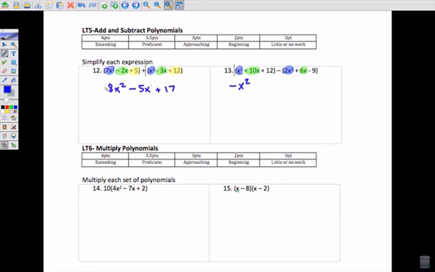This was something that tripped some people up too. This minus applies to everything on the inside of the parentheses. So I'm not just subtracting the first part, I'm subtracting every single part on the inside. So really what that leaves me with is a 10x minus positive 6x, or minus 6x, for a total of 4x.